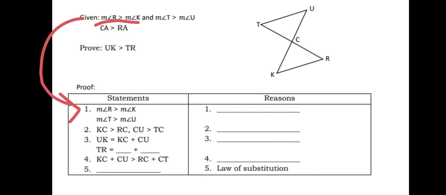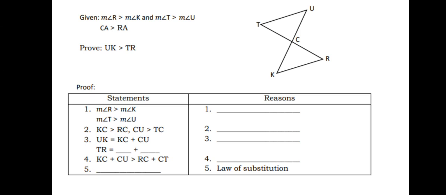From the first given, angle R is greater than angle K. Therefore, the opposite of R, which is KC, should be greater than the opposite of K, which is RC. Same with CU greater than TC. Since angle T is greater than U, the opposite of T is greater than the opposite of U. So that's for number 2.